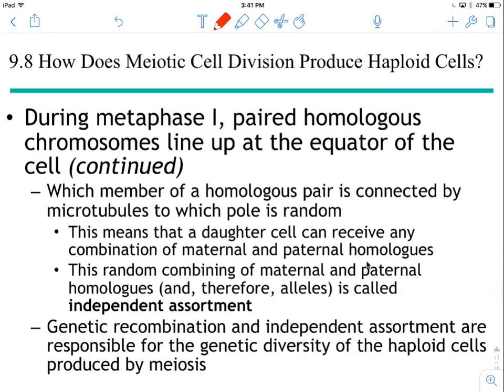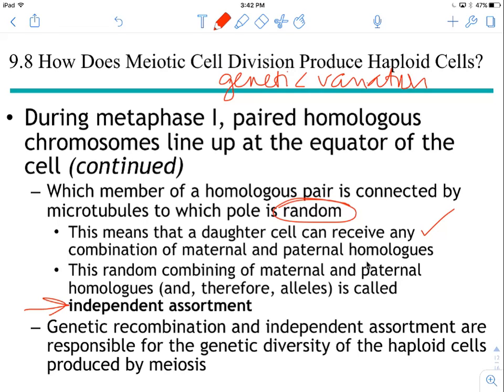And this phenomenon also helps to contribute to our good friend genetic variation. This is called independent assortment. Because it's random how the homologous pairs orient themselves on the metaphase plate, the one that goes to each pole is going to be random.